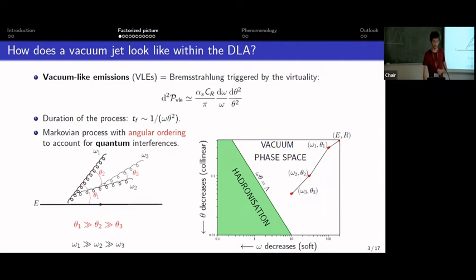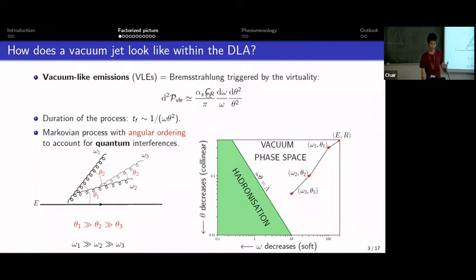All right, so let me start with this basic double log picture of jet evolution in the vacuum first. Here you can recognize basically what Alba was showing. This is the soft and collinear limit of the n+1 matrix element, which factorizes from the n-particle cross-section.